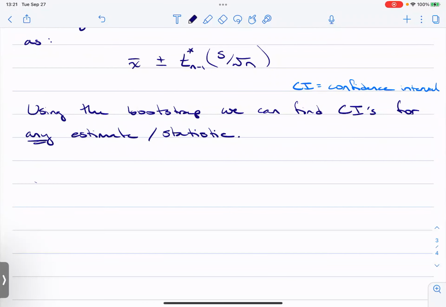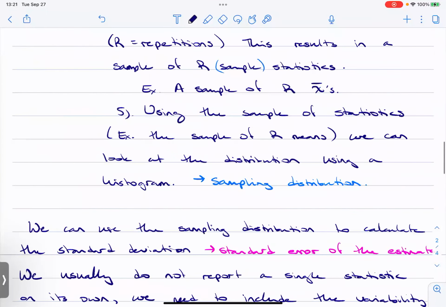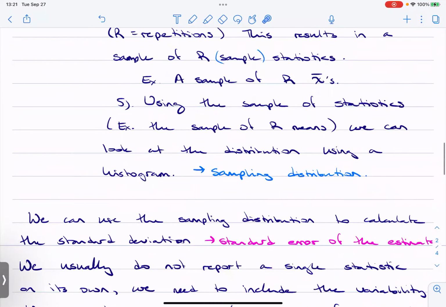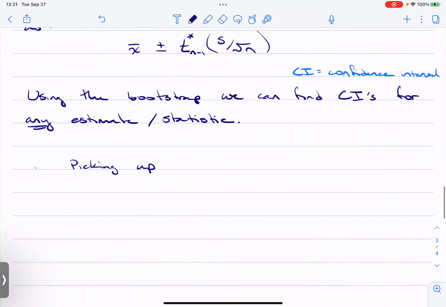Picking up at step 5 from above, now I have this distribution of X bars already.